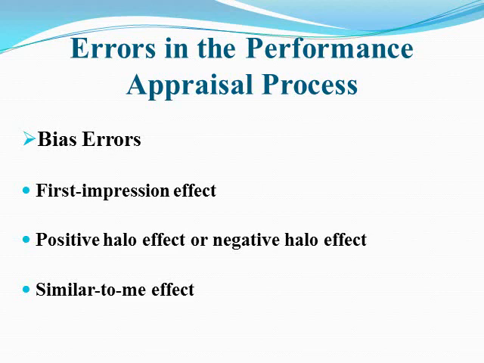Almost all raters make rating errors. So we know that rating errors reflect the differences between human judgment processes versus objective ones. The rating errors occur because the raters must always make subjective judgments.